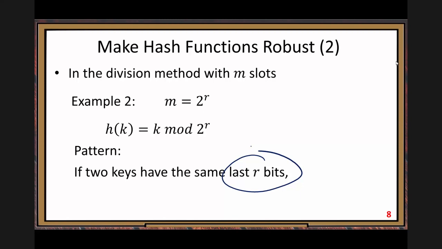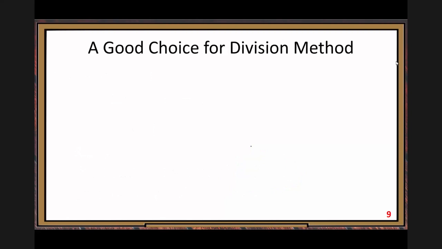So that's another example that can make your algorithm perform poorly.